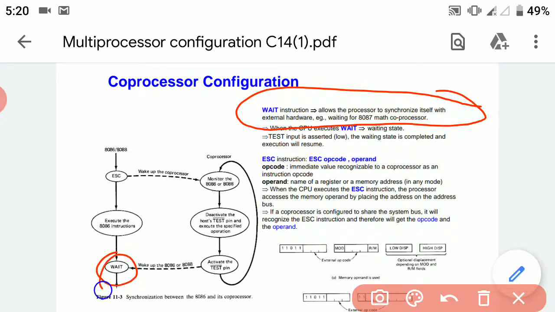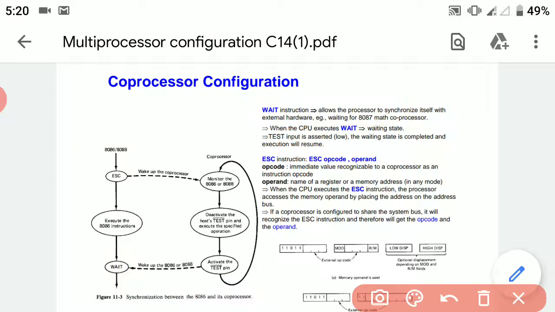It allows the 8086 processor to synchronize itself with the external hardware of the coprocessor. After this, the instruction executed by the coprocessor will be processed by the 8086 processor.